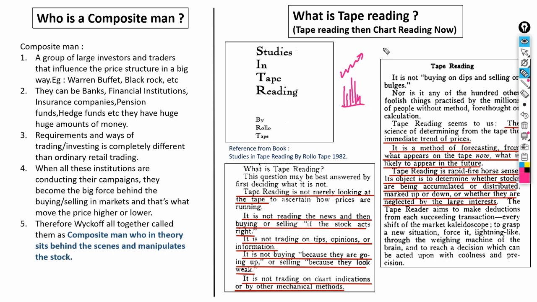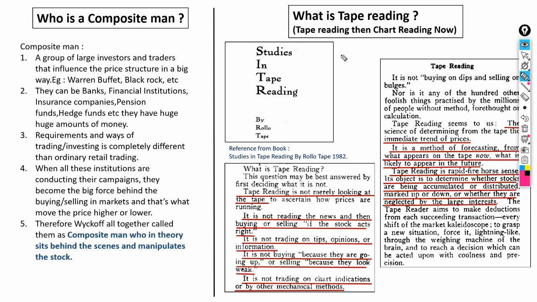But you will find there were tapes, small tapes, that were generated, and there was printed information of the price and the volume that was traded. During those times they were able to read those tapes and understand what exactly the dominant force was, whether it was supply or demand, and they used to study them during those times.